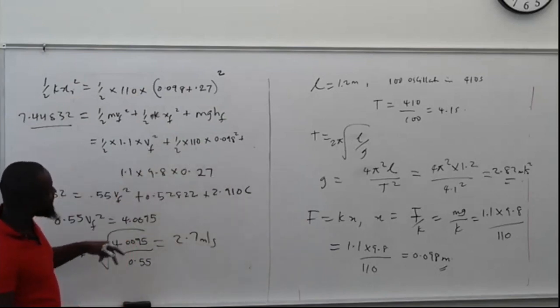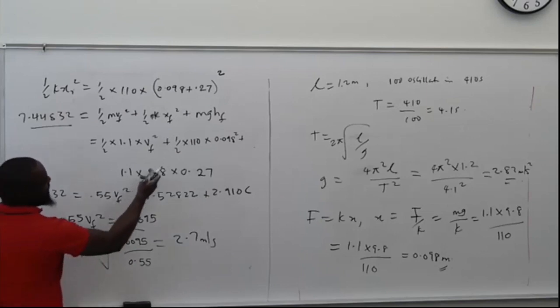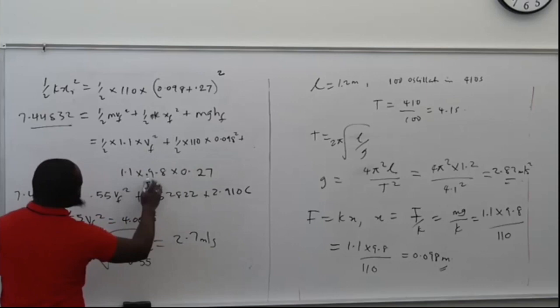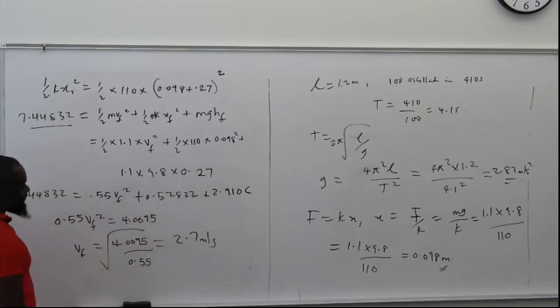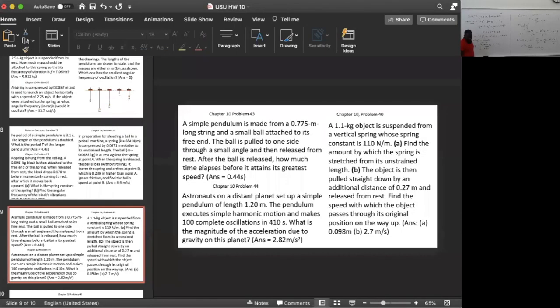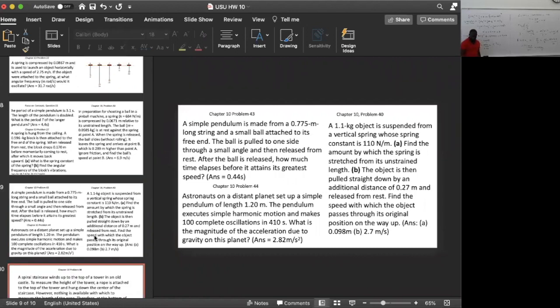So we're looking for v final squared. I put those together and solve like that, and I get 2.7 meters per second. I'm trying to check if that's the correct answer when I share the screen. Of course, 2.7 meters per second. It's a long problem, but that's the way you go about it.